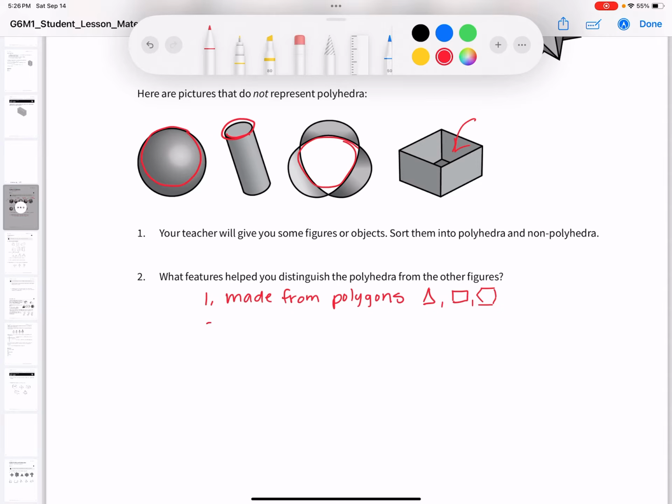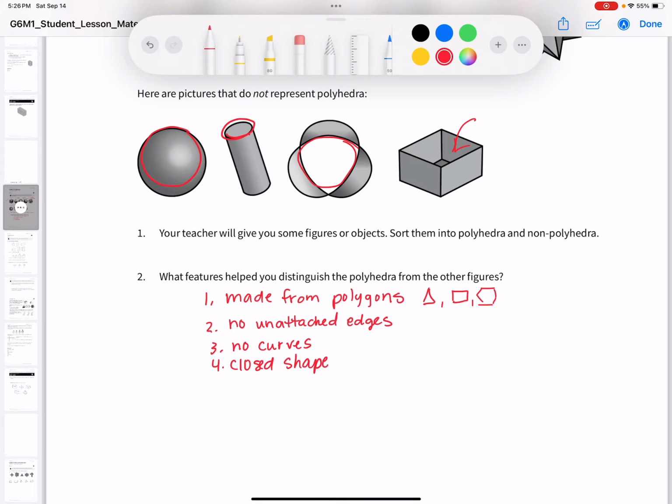They do not have unattached edges. They have no curves, right? That's one thing we put up there, no curves. And it will be a closed shape, so it won't be missing a lid, okay?